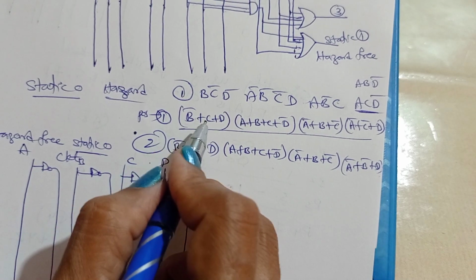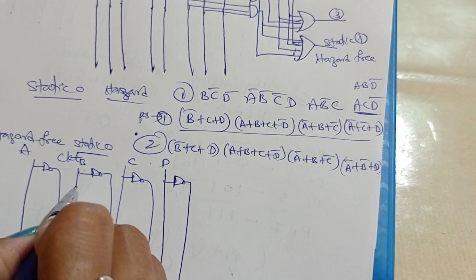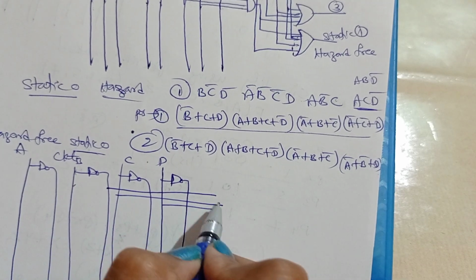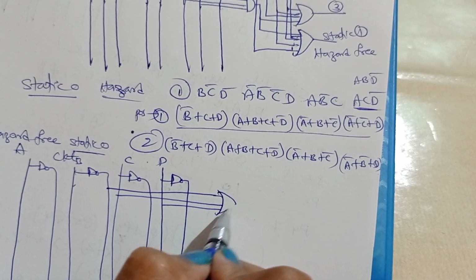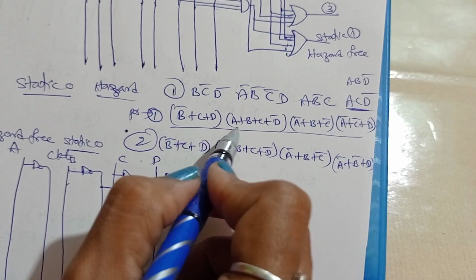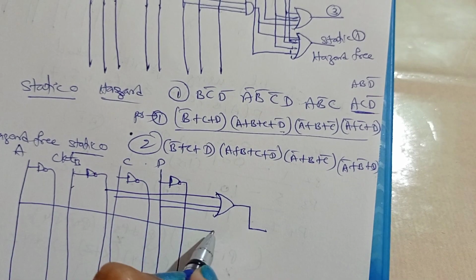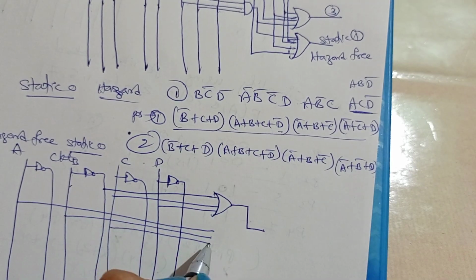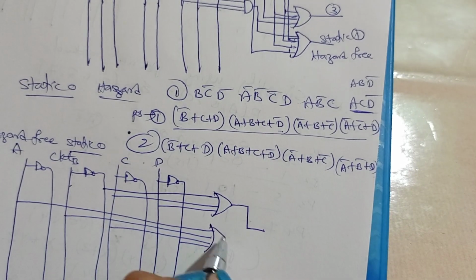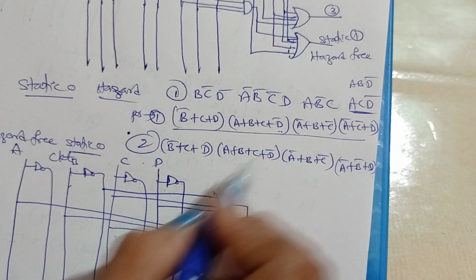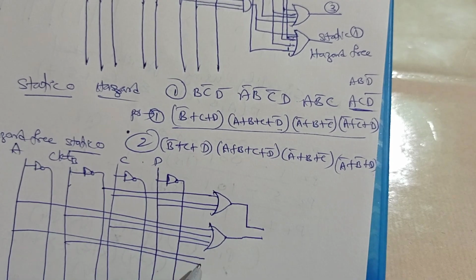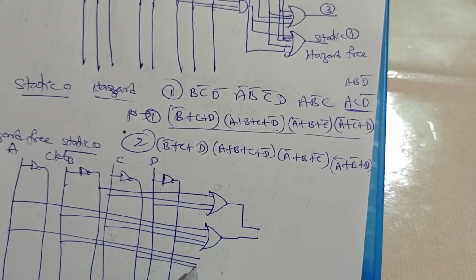Now A bar C D, use here an OR gate. Next A, B, C D bar, again an OR gate. Next A bar B C bar.